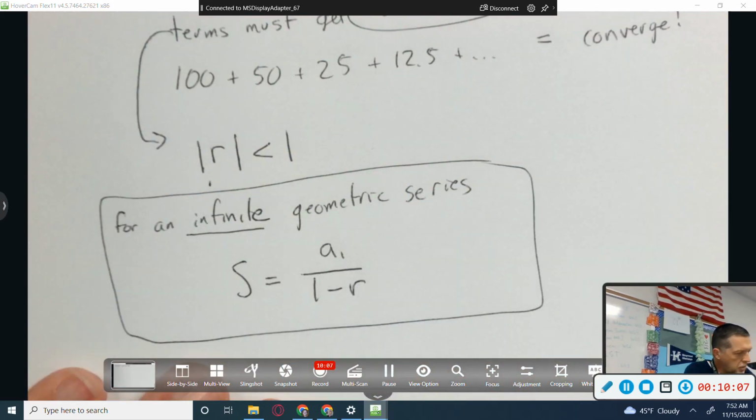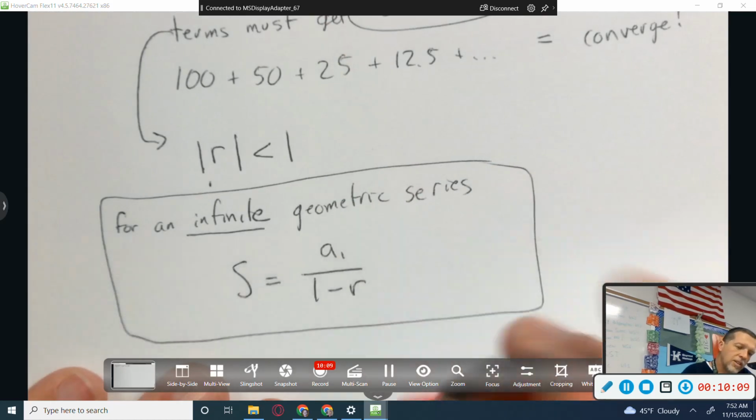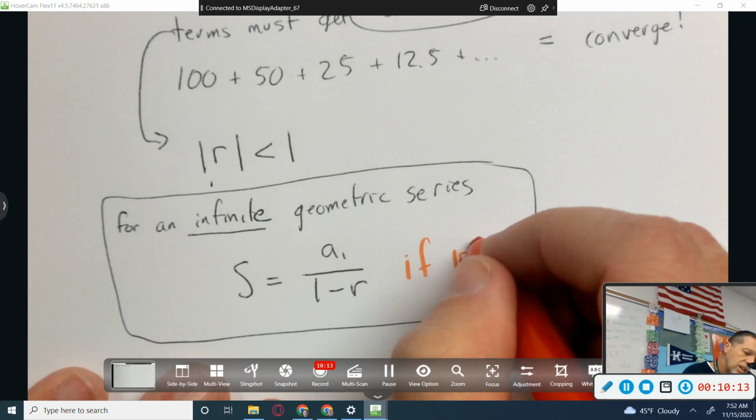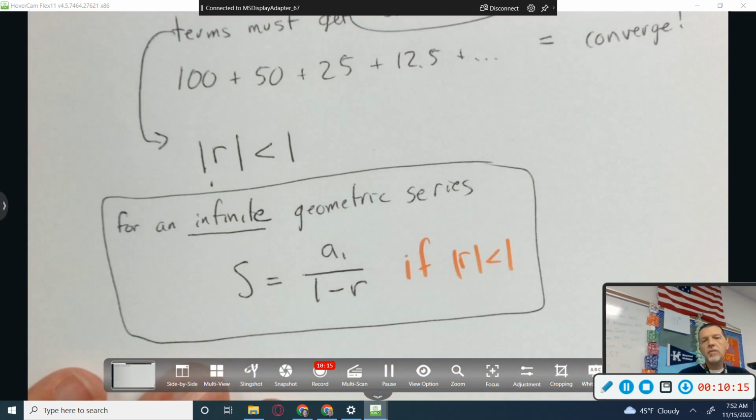This comes with a major if: if the absolute value of r is less than 1, meaning if your terms are getting smaller.